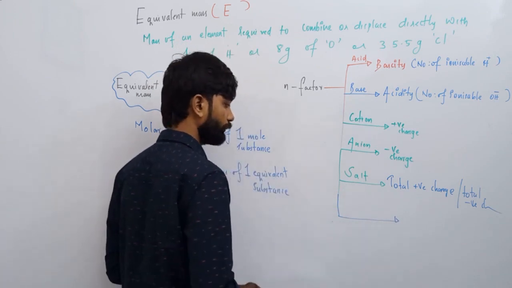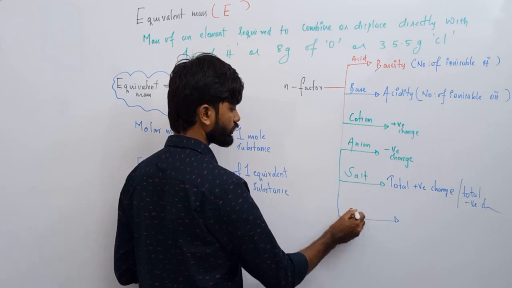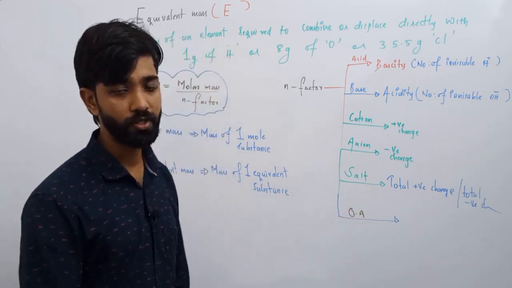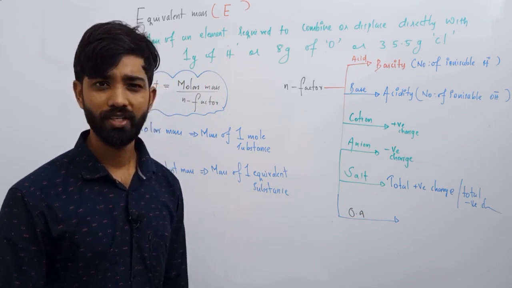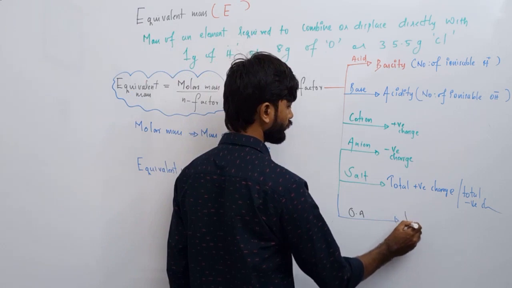Listen. For an oxidizing agent, you know what it is in terms of redox components. An oxidizing agent is something which undergoes reduction, so its oxidation state will decrease.